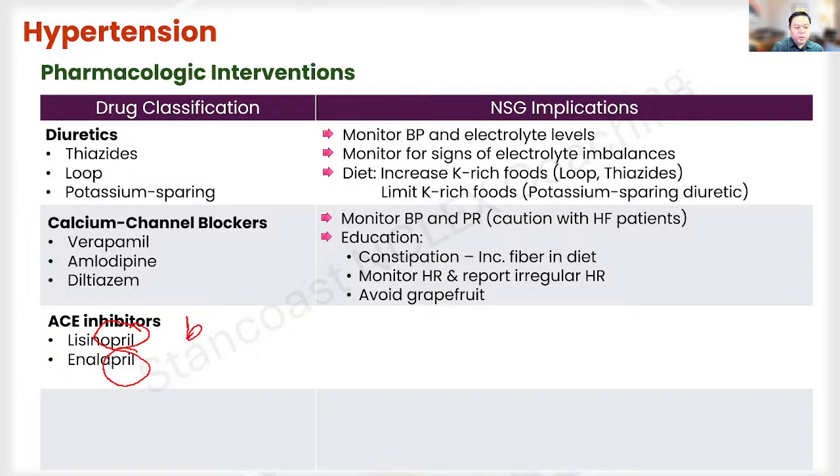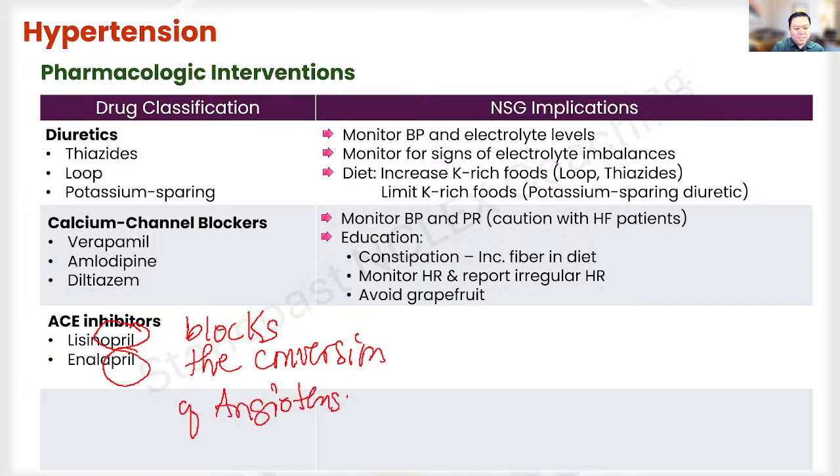It blocks the conversion of angiotensin 1 to angiotensin 2. That is the mechanism of action for the ACE inhibitors.